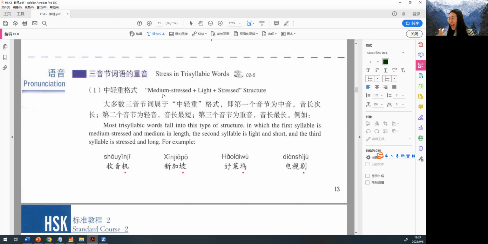Medium stress, light stress. Please do not make it so complicated. We just read those words together, all right? It's not something so important. Nobody really pays attention or cares about the light stress.